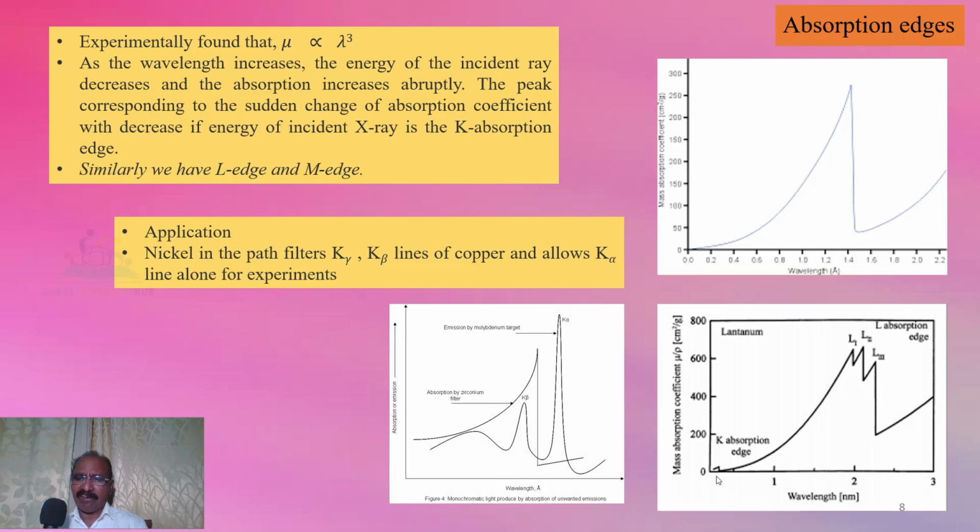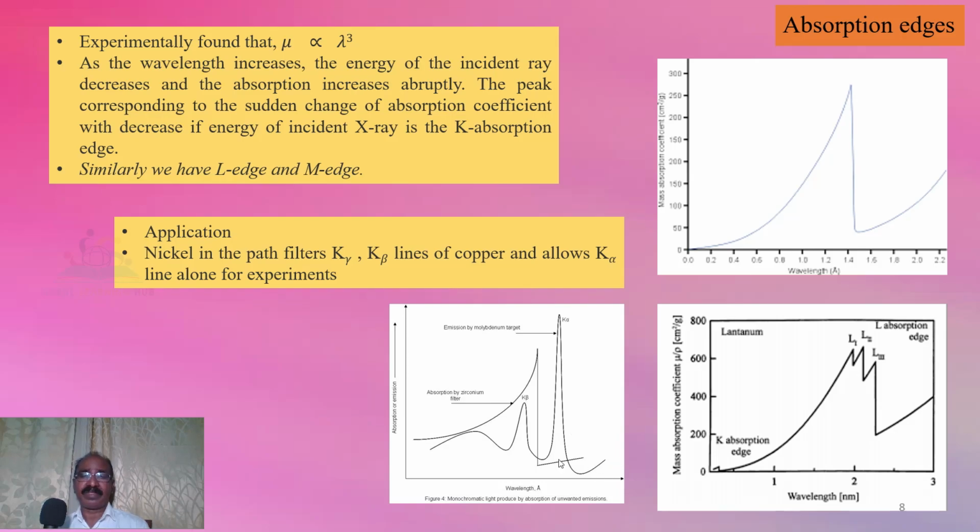Now, if we analyze the absorption edges more deeply, K absorption will also have three edges: K alpha, K beta, and K gamma. Now, if you see the graph in the innermost slide, for a copper target or for the molybdenum target, we have K gamma, K beta, and K alpha.